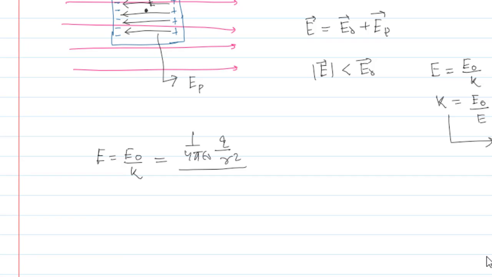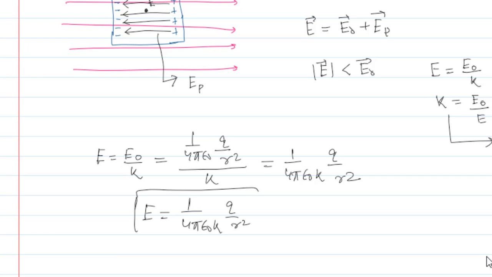If I am writing this E naught for the point charge, and here it is K, then this electric field can also be written as 1 by 4 pi epsilon naught K Q by R square. So the electric field inside the material is 1 by 4 pi epsilon naught K Q by R square.